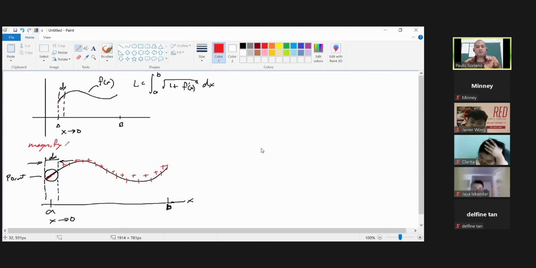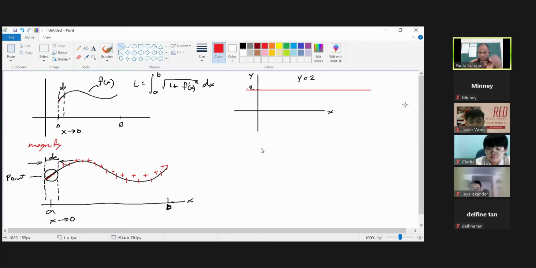Now, if we take this idea a little bit further, let's say I have a function y equal to 2. Y equal to 2 is somewhere on the y-axis, right? So if this is 2, then y equal to 2 will be found here.